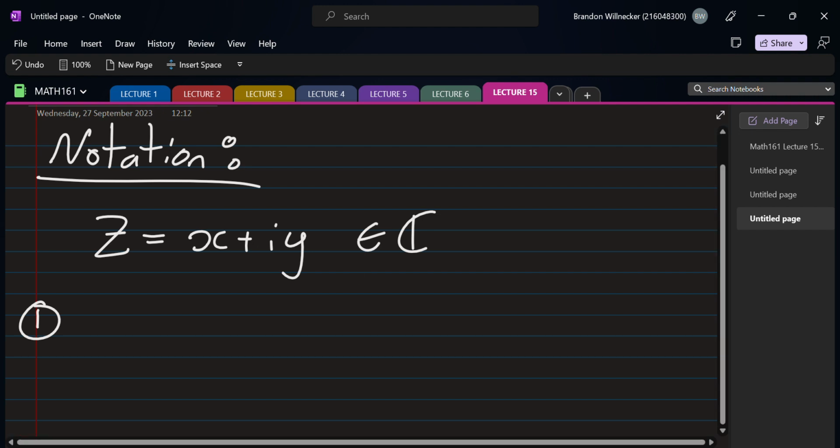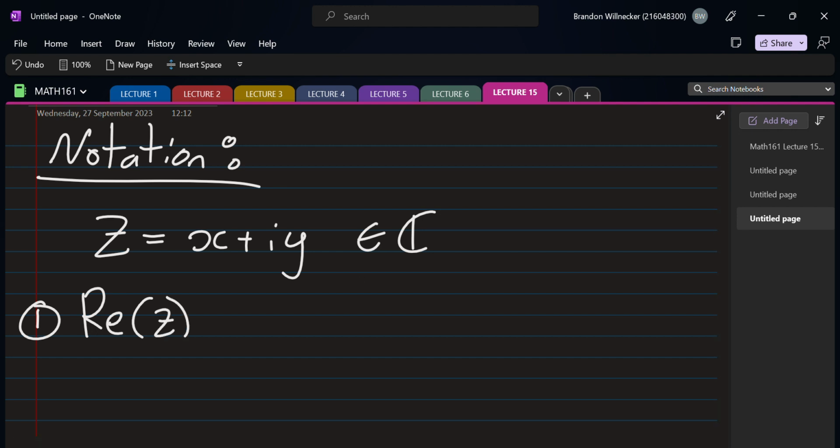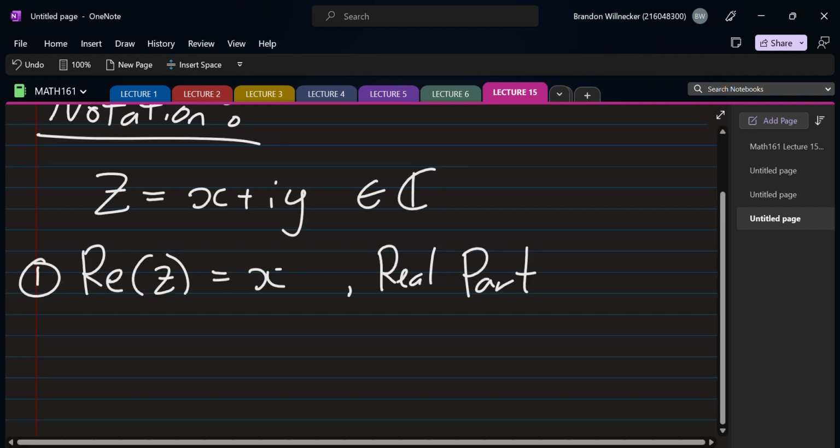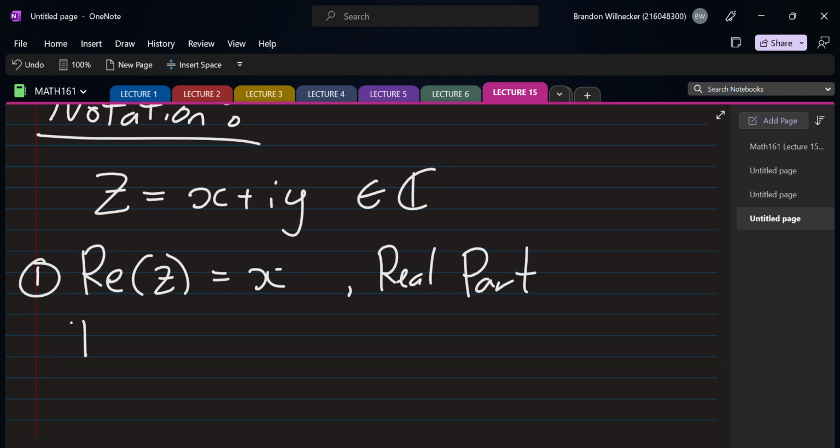So the first notation that we use is called the real part, and we write it as Re of z. We read this as the real part of z, and this is equal to x. So this is the notation we use for the real part.